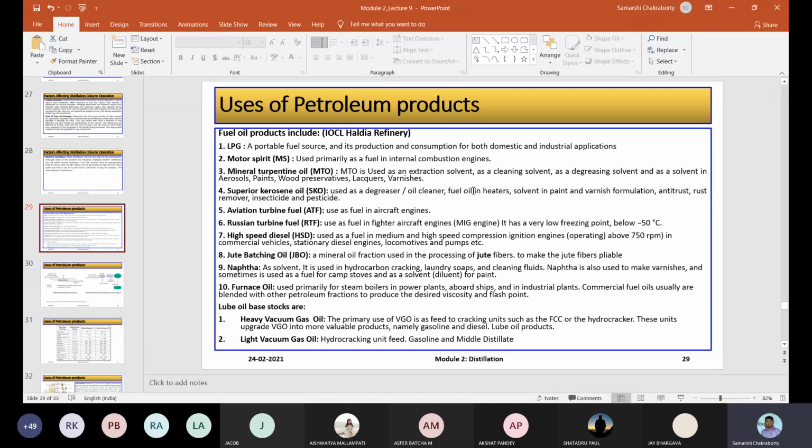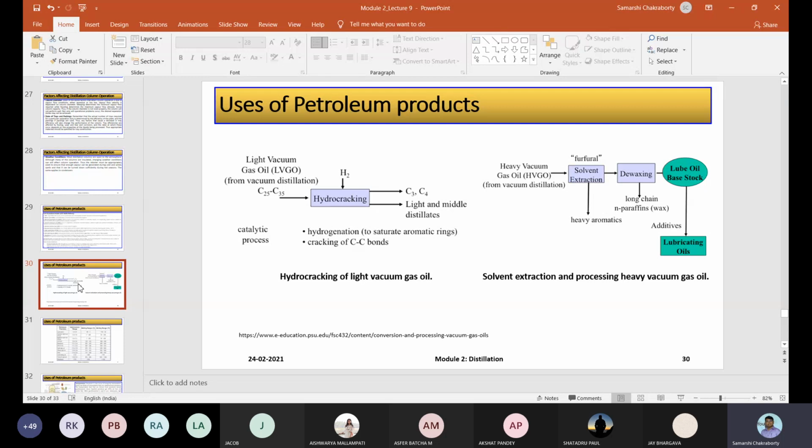The last but not the least comes lube oil production. We produce lube oil in the vacuum distillation unit, as light vacuum gas oil and heavy vacuum gas oil. So let me move forward. After producing light vacuum gas oil and heavy vacuum gas oil, you can add some amount of hydrogen to convert it into light and middle distillate, or it can be processed for lube oil production.